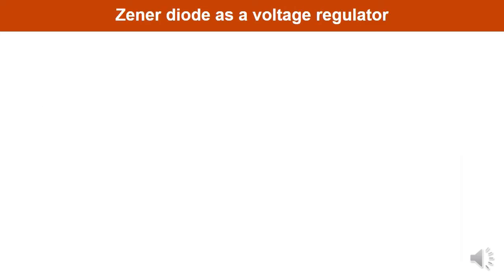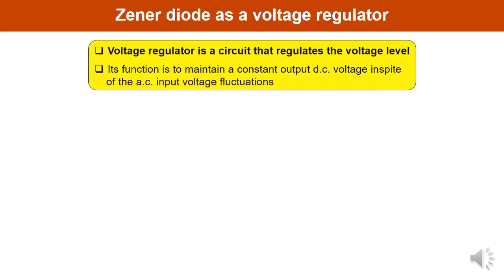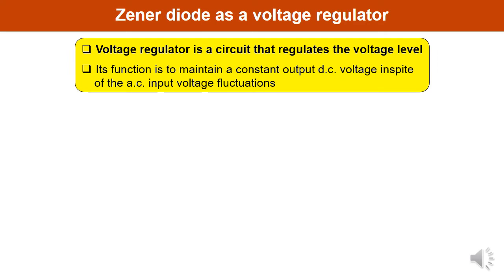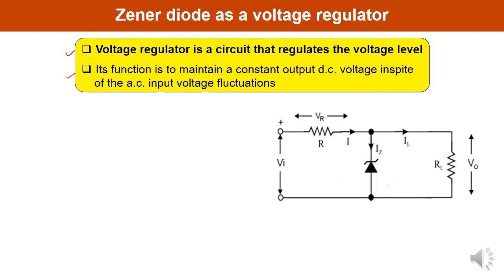Now let us discuss how a Zener diode acts as a voltage regulator. A voltage regulator is a circuit that regulates the voltage level. Its function is to maintain a constant output DC voltage in spite of AC input voltage fluctuations. You can see this particular circuit.